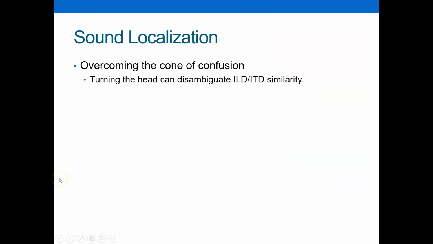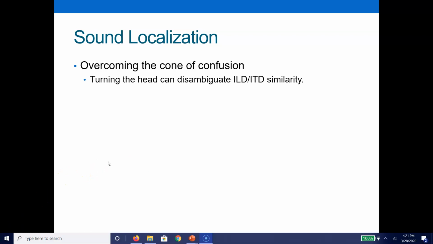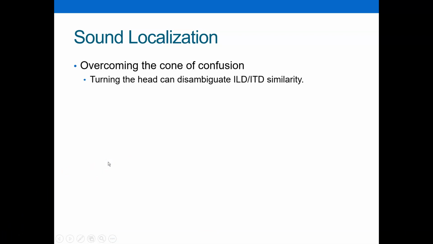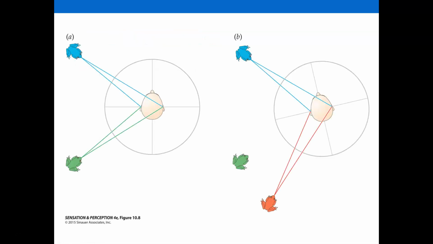Well, there are a couple of different things that we can do. One of the things that we can do is very simply turn our head. For example, let's say we are listening to the sounds of these two different frogs. This frog is located right here, a certain distance from the ear, about 45 degrees. Here, this green frog is also in a very similar position behind the head.